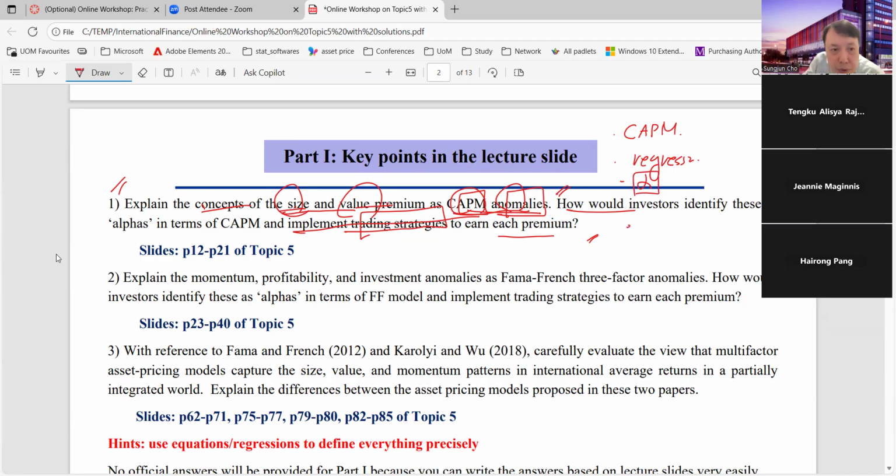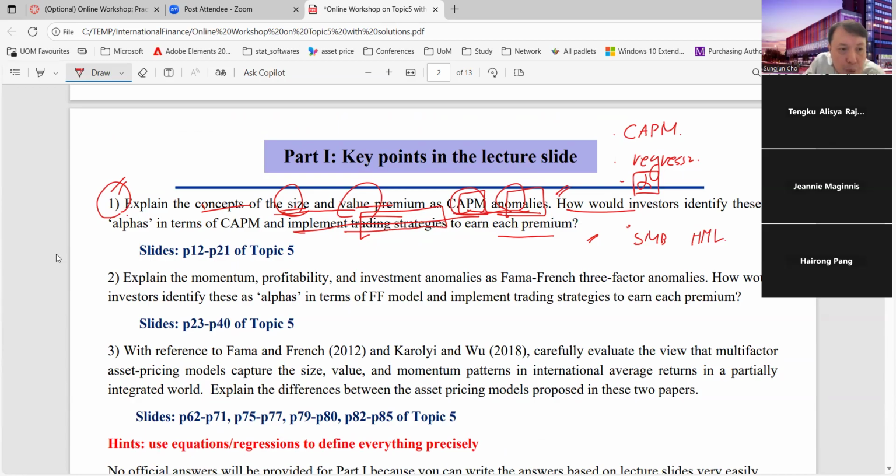And then you have to define the size and value premium with one sentence, what is the meaning of those? And then how to implement that strategy based on the SMB and HML. Do you have any questions? So that's the first question I just explained. If you have any questions, you can stop and ask me.